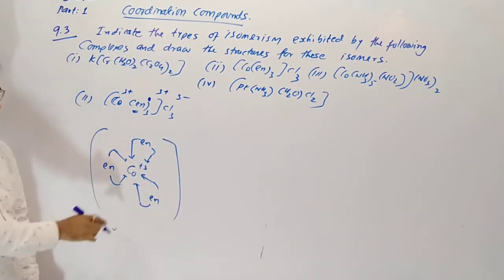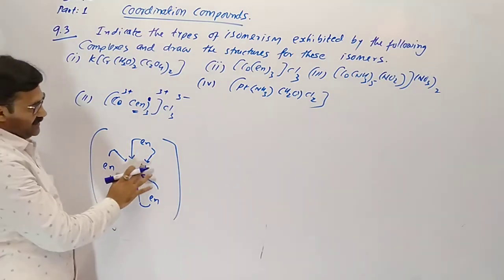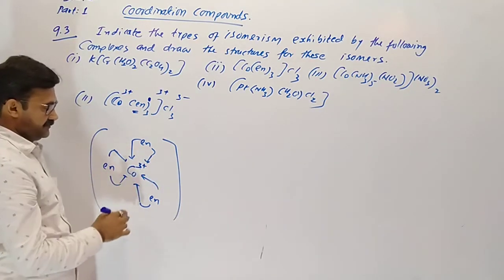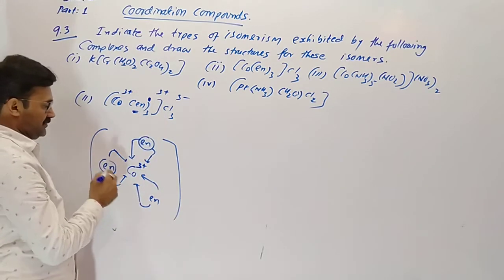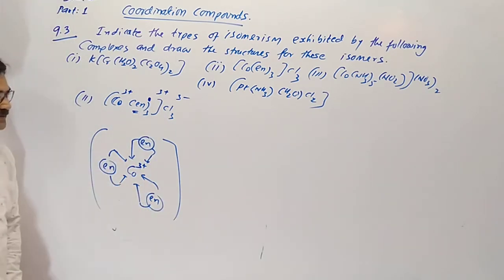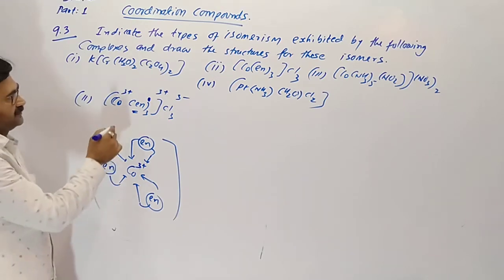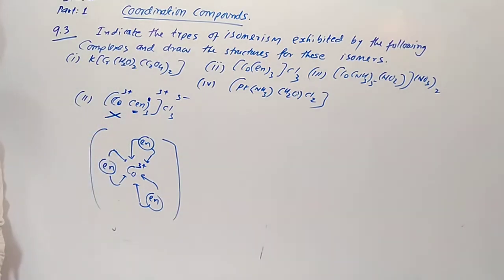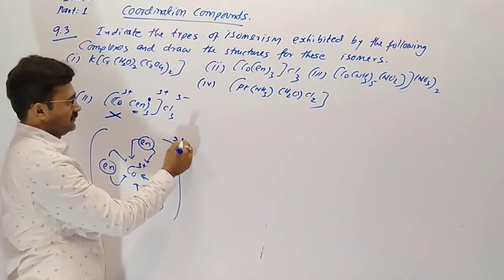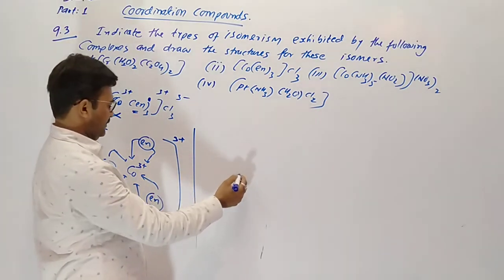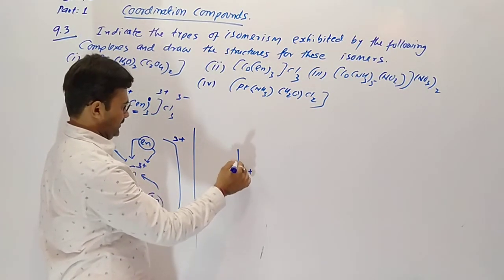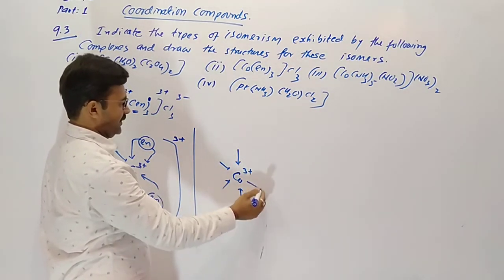This is octahedral in shape and the ligands are polydentate, so it gives optical isomerism. This compound does not give geometrical isomerism, only optical. Suppose this is dextro, and its mirror image gives levo.